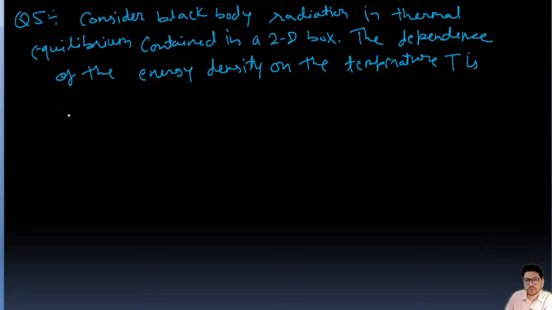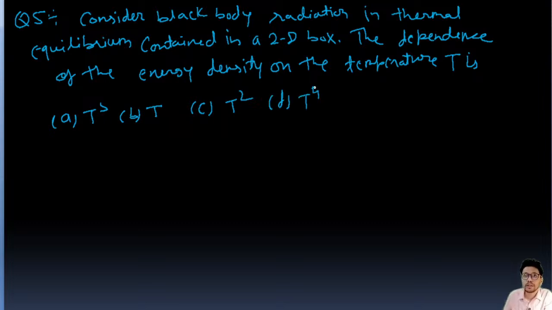Options are option A T cube, option B T, option C T square, and option D T to the power 4.